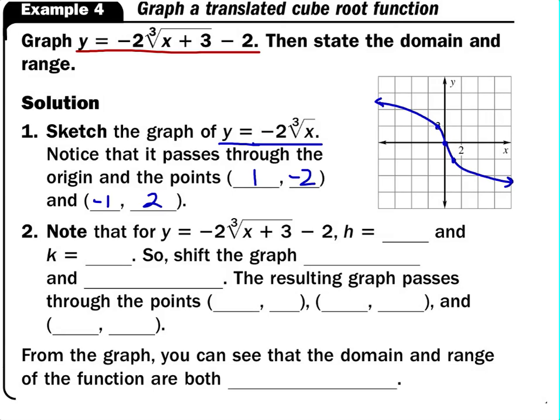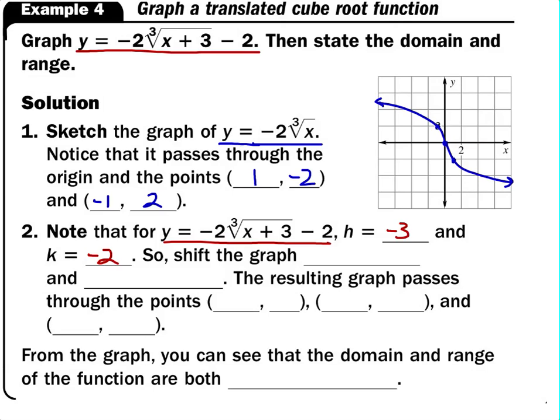Now, number 2, note that for y equals negative 2 cube root x plus 3 minus 2, and pay attention on this one, it's a little bit trickier, h equals negative 3, and k equals negative 2. Most people don't have difficulty with the k, but the h thing is a little bit tricky.